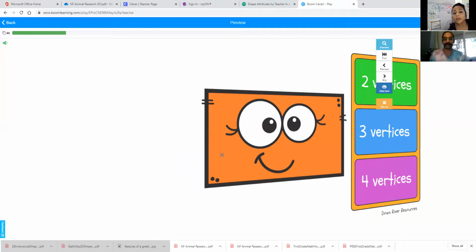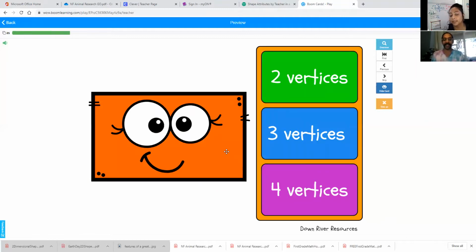Correct. Well, we just did one just like this, but I want to know now the vertices. And remember, vertices are where 2 sides meet, or the corners. Okay, so how many corners does this shape have? So I'm going to count 1, 2, 3, 4. This has 4 vertices.